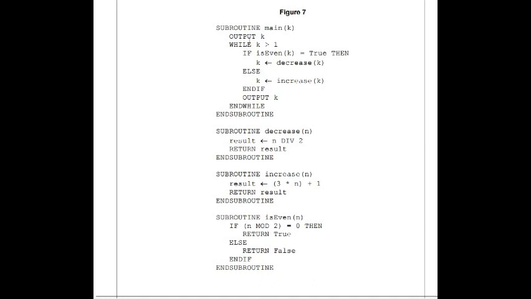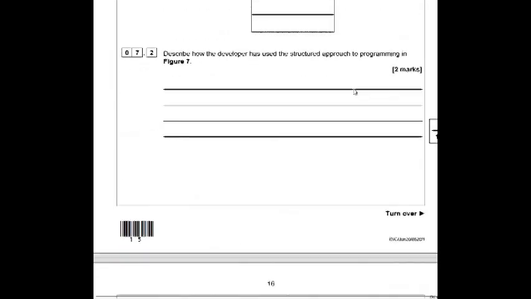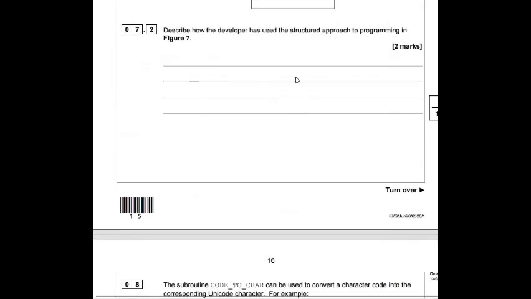The problem has been decomposed, and the program has also been modularized. All of those are essentially answers to number 2, but they only want 2. So I would say developers use parameters and they've used return values. Done.